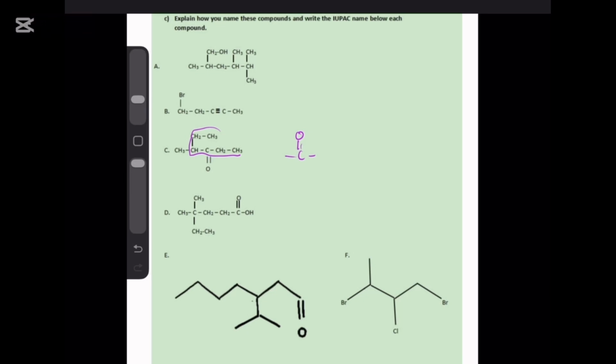We'll start from the right to give the lowest possible location for the carbonyl group. And mark the location where the carbonyl group is attached, the third carbon. So write 3 here. And then there are the substituents. There's only one methyl attached to the fourth carbon. So you write 4-methyl. That is the full name.